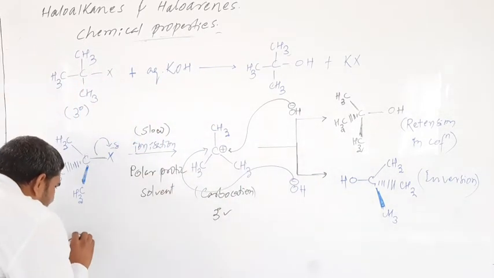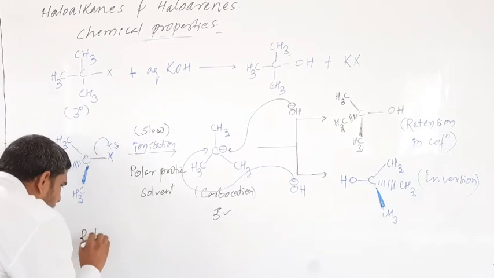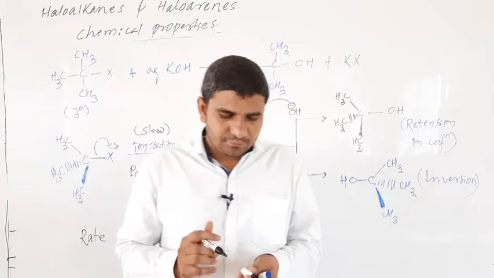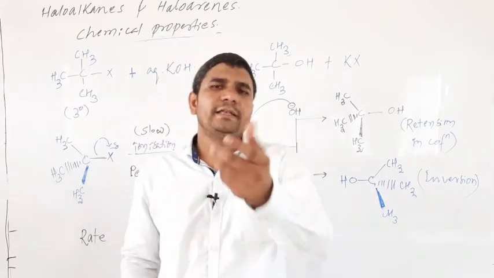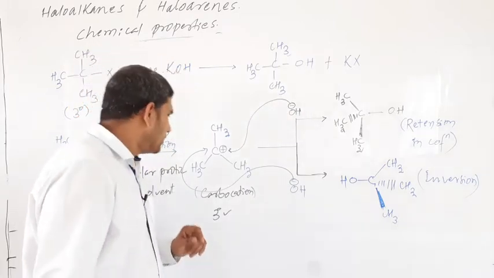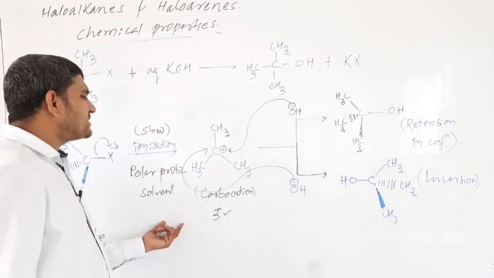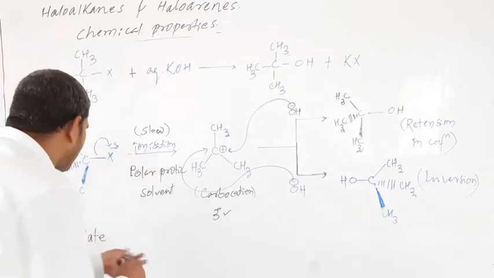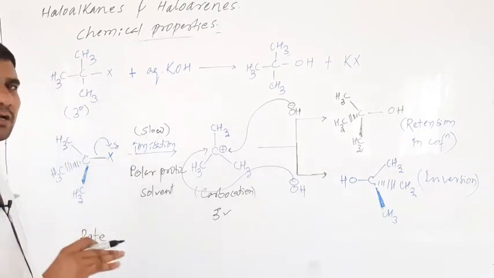Always, you know, rate of reaction. I think you studied in the chemical kinetics topic, the order of the reaction. Order is determined by what? The slow step. Which is the slow step over here? Step 1 is the slow step. Therefore, rate always depends on the slow step.